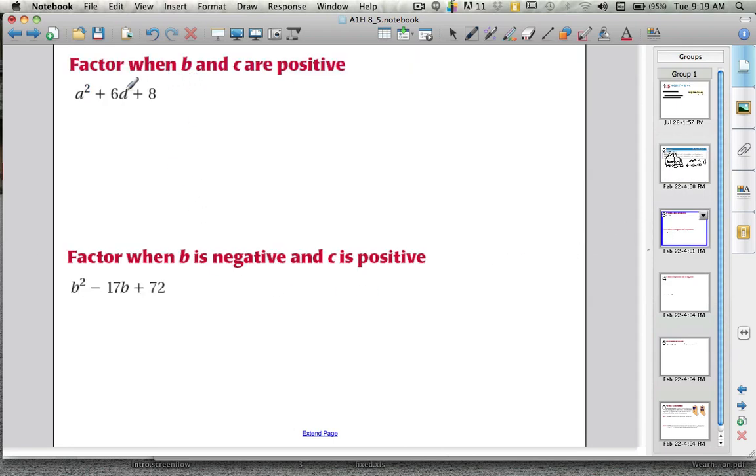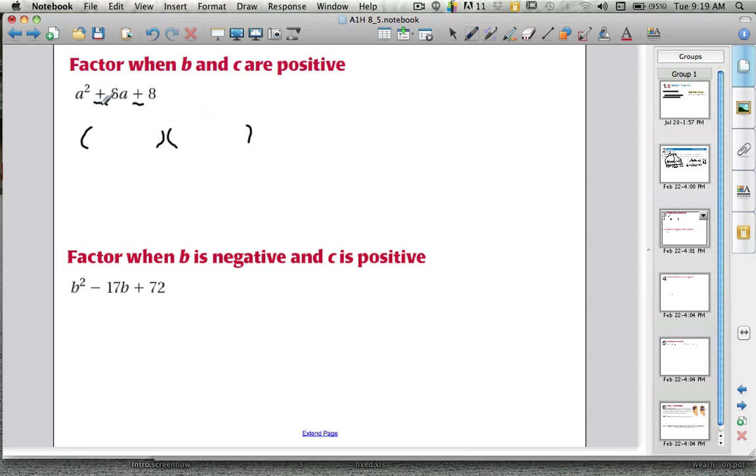When B and C are positive, right? Again, I always know what's happening in my binomials by looking at the signs. And when I have a plus here before the last term, I know that the signs in the binomials are the same, because it has to be either negative times negative or positive times positive.